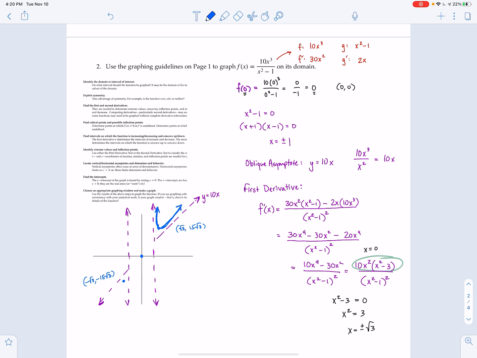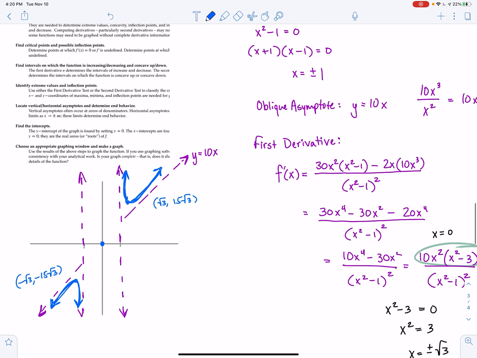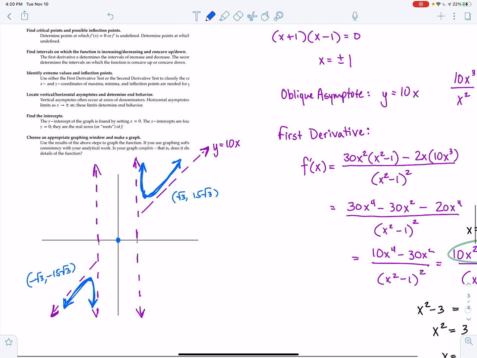And I know I have these cool looking pieces doing this sort of thing. All right, and then the only thing we need to do is figure out the middle part of our function. We know we have a point at the origin, and we know that this piece is going to be symmetric, and we know we have asymptotes.